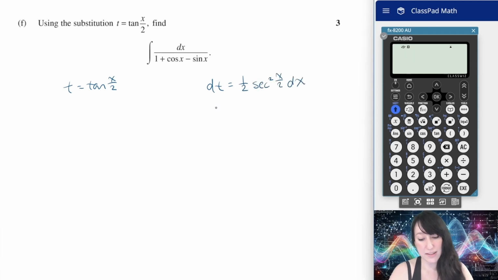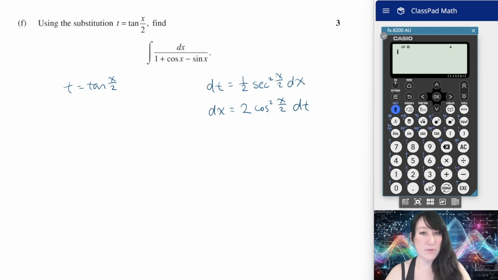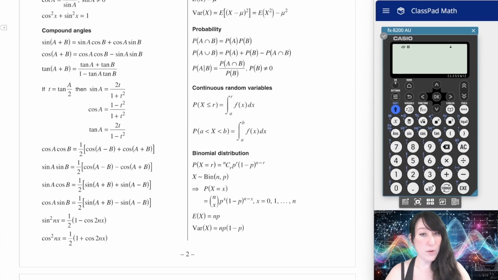Now solving for dx, 1 over secant squared is cosine squared. Now we also need to replace the cosine and the sine. Let's use the t formulas. So according to the t formulas, sine will be 2t over 1 plus t squared, and cosine will be 1 minus t squared over 1 plus t squared.